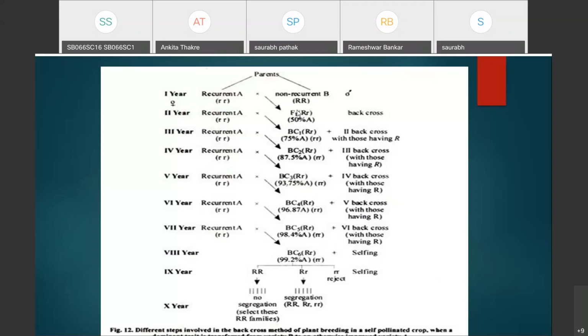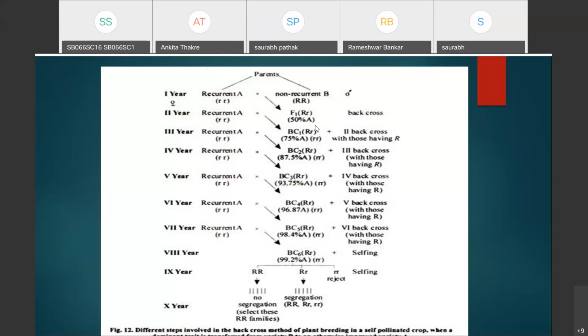Different types of progeny will be produced in the F1 generation, but only the progenies having the disease resistance capacity from non-recurrent parent B are crossed with the recurrent parent A. And this method is called the backcross method.